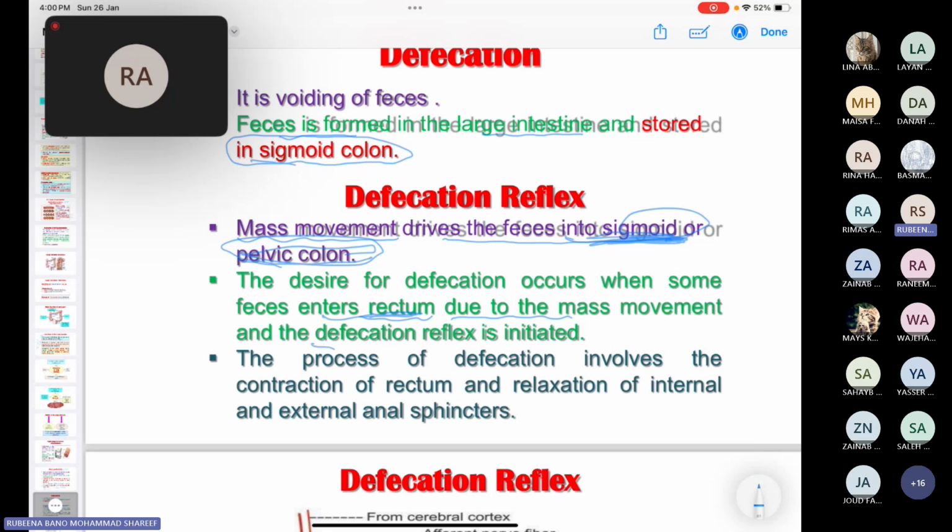And the defecation reflex will be initiated. In short, you can say that defecation involves contraction of the rectum and relaxation of both the sphincters, internal as well as external. Suppose only the internal sphincter relaxes, there will be no defecation unless the external anal sphincter is also relaxed.